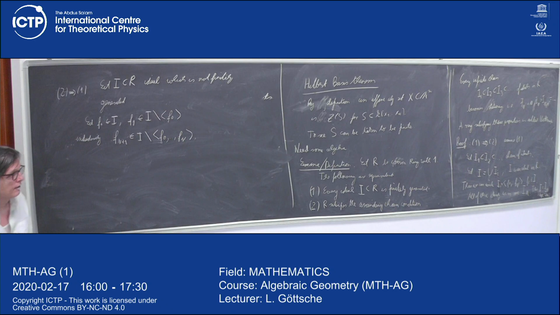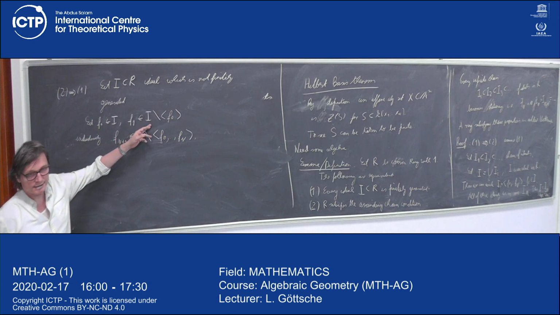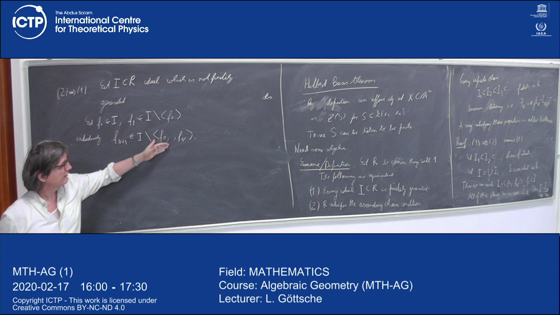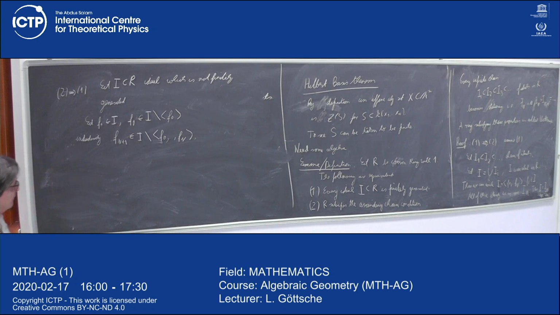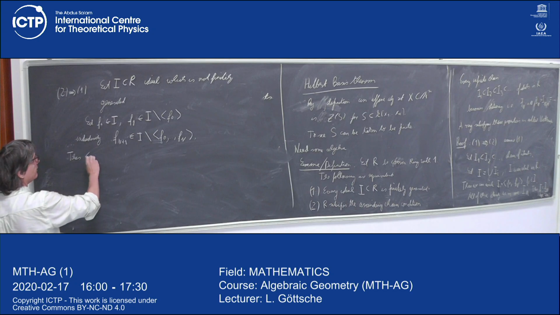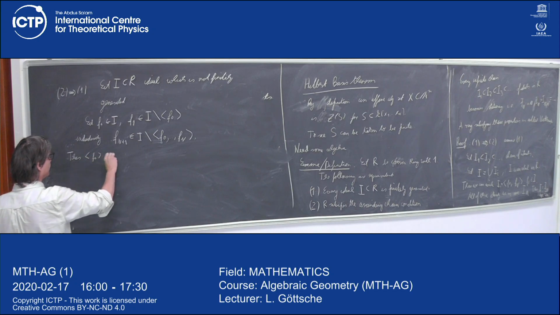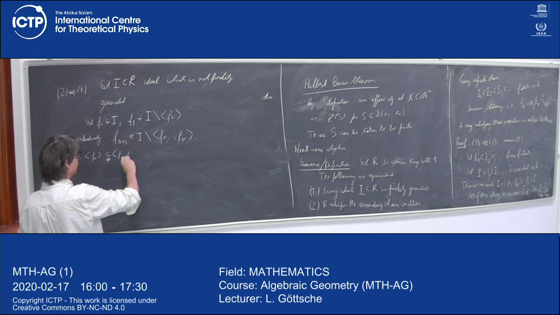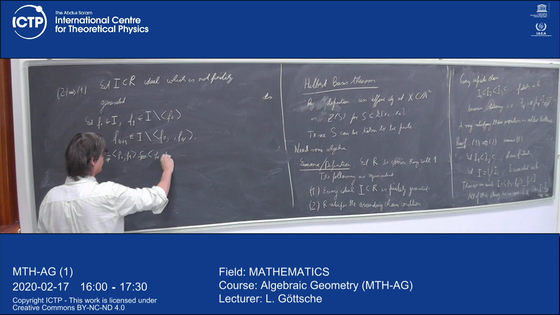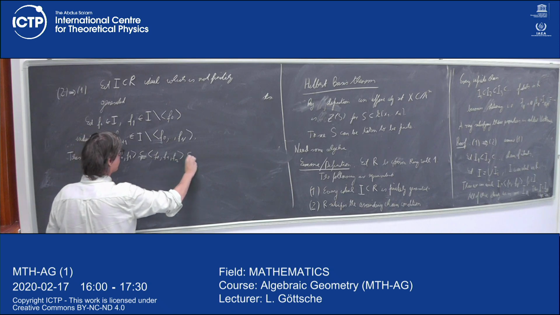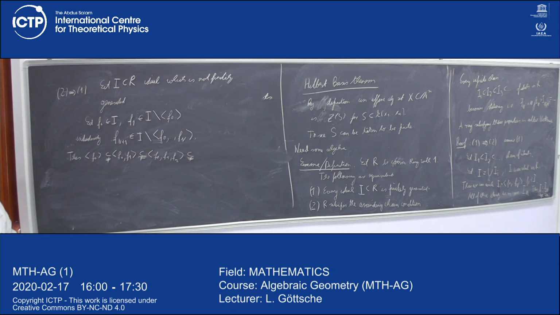We can do this because we know that I is not finitely generated, so regardless of what finitely many elements we take from I, we'll never get the whole of I. We can always choose further on. And thus the ideal generated by f_0 is contained in the one generated by f_0, f_1, and is strictly contained, and so on. This is a chain of ideals which does not become stationary.